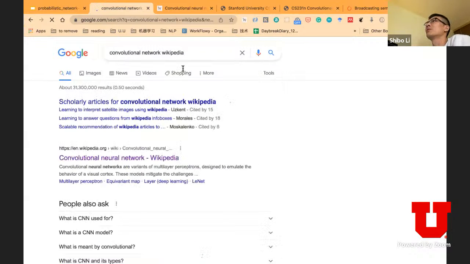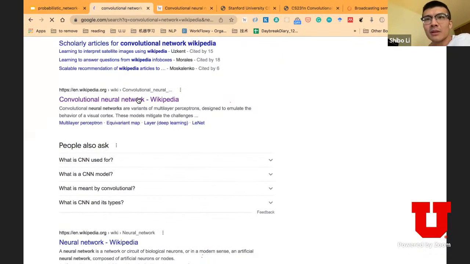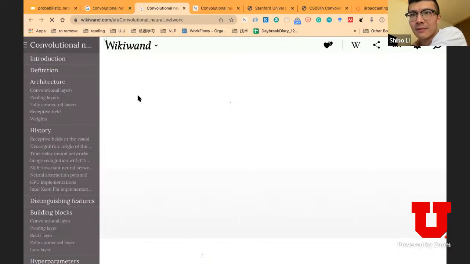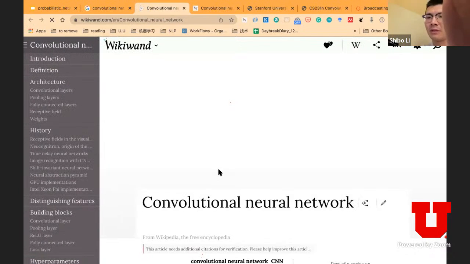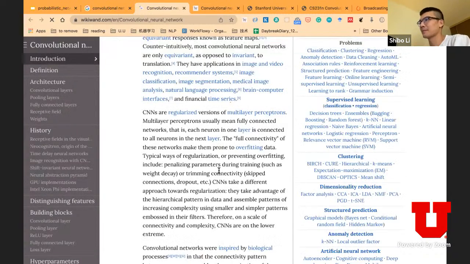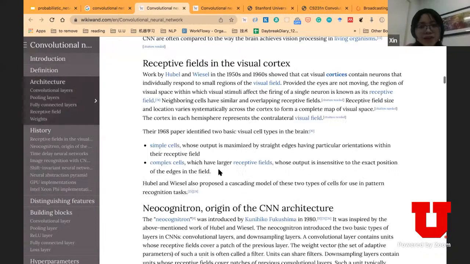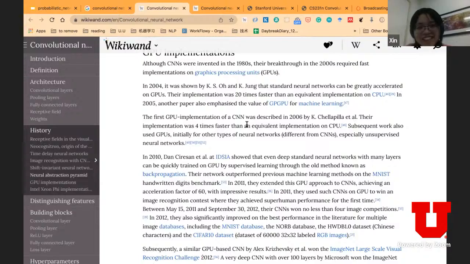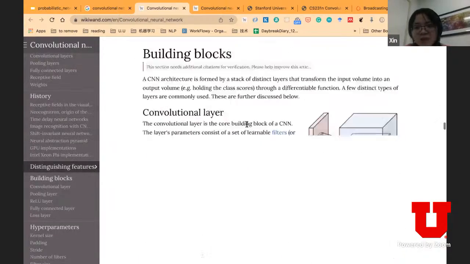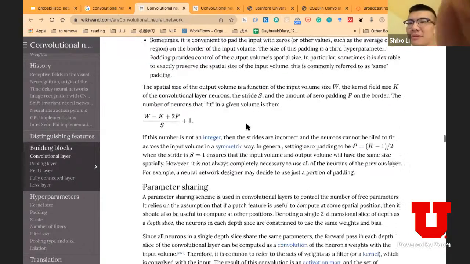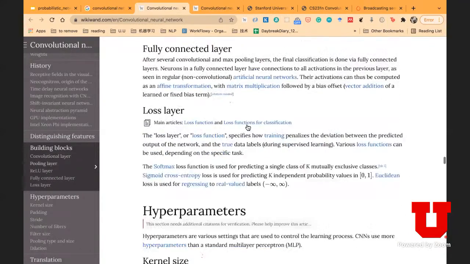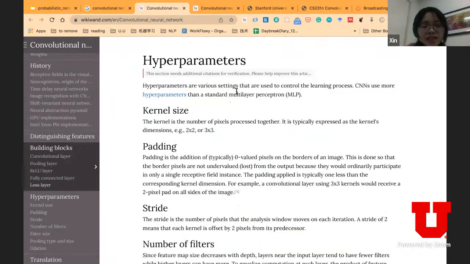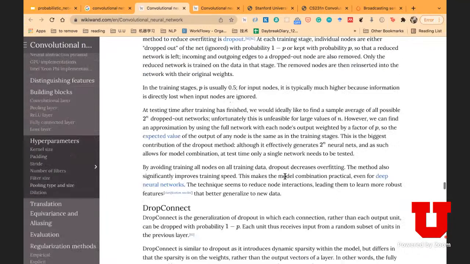You can just Google convolutional neural network. Let me send it to the channel. Please send me the link. The problem is that I'm using an iPad. Or you can share on your side. I think I'm okay.